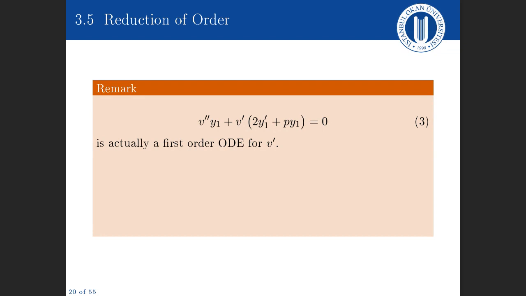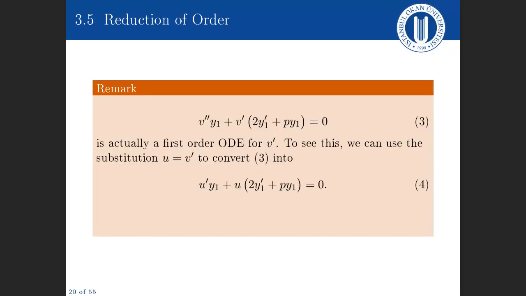Now, this equation, v double prime y1 plus v prime times 2 y1 prime plus p y1 equal to 0, is actually not a second order equation. This is actually a first order equation for v prime. To understand this, we can do a substitution.